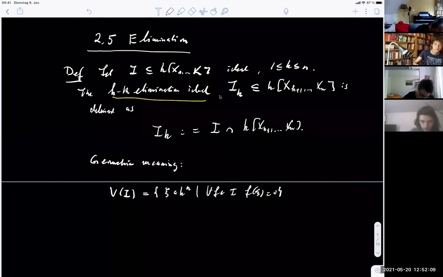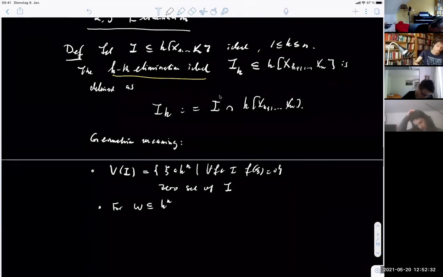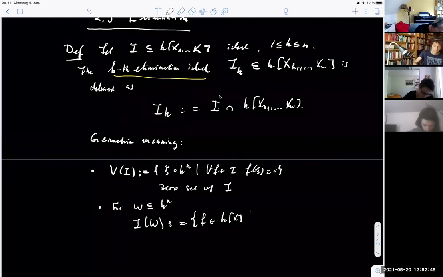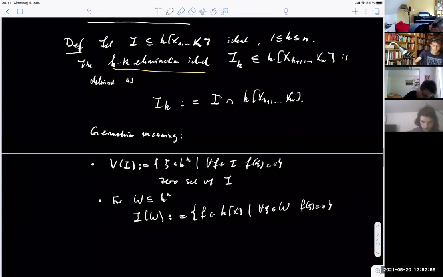So this is the zero set of the ideal I. On the other hand, if I have a subset W of k to the n, I define the vanishing ideal I of W as the set of those polynomials, so I just write k[x] to save space, which vanish at all points of W. So this is called the vanishing ideal.